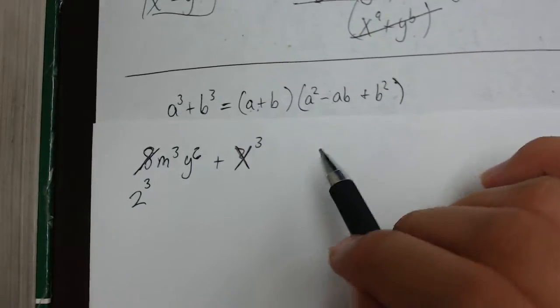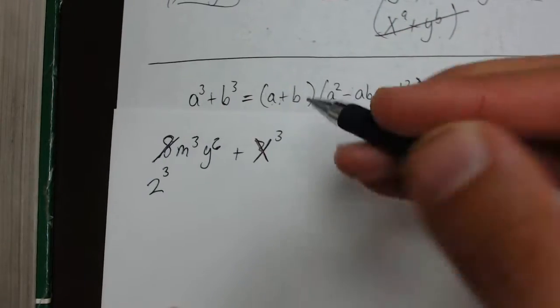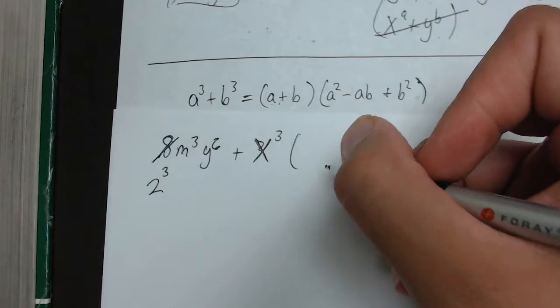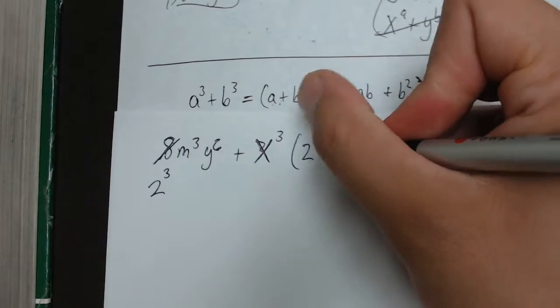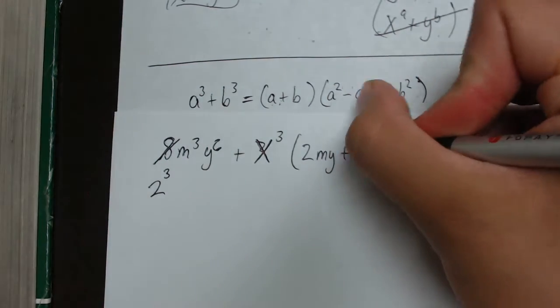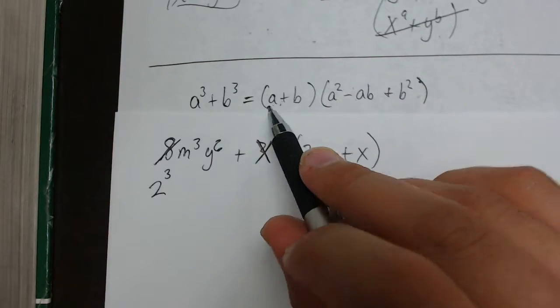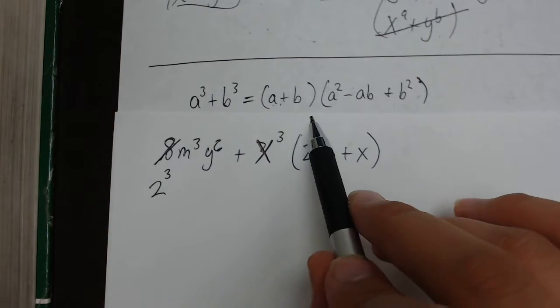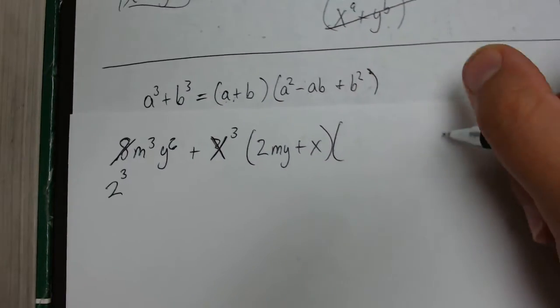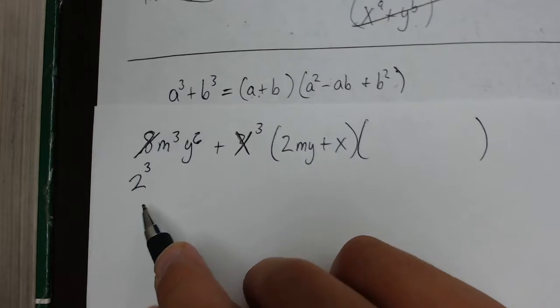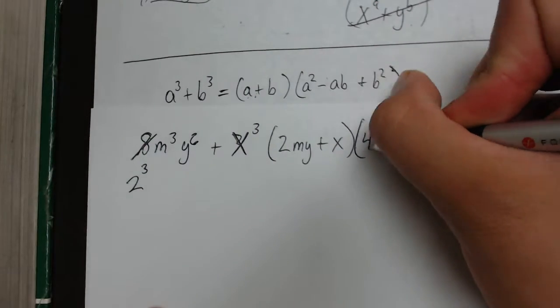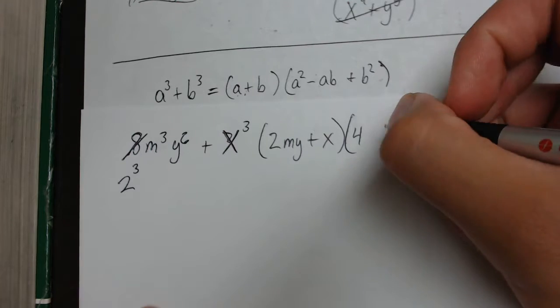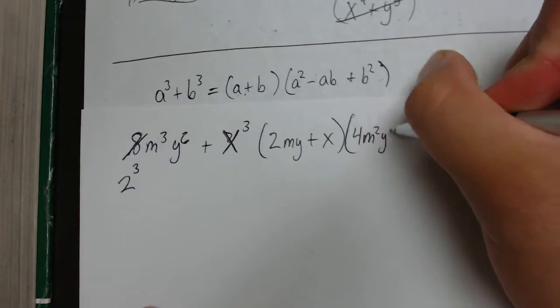So without further ado, we'll go ahead and plug this into our equation. So since it's positive, the first term is going to be positive, so we'll have 2my plus x, and that satisfies the a being 2my, the b just being x. And then we plug in our a squared, so 2 squared is going to be 4. And then we have m squared y squared.